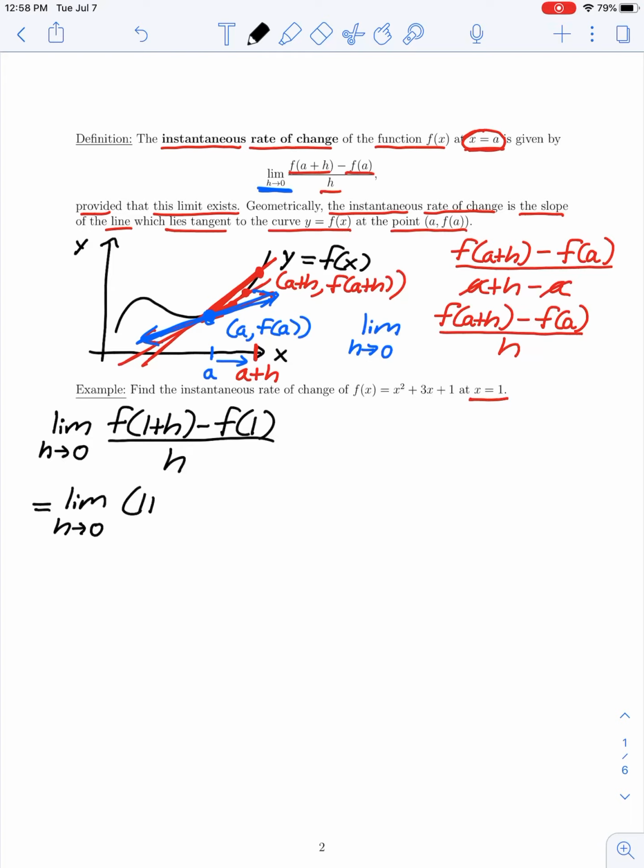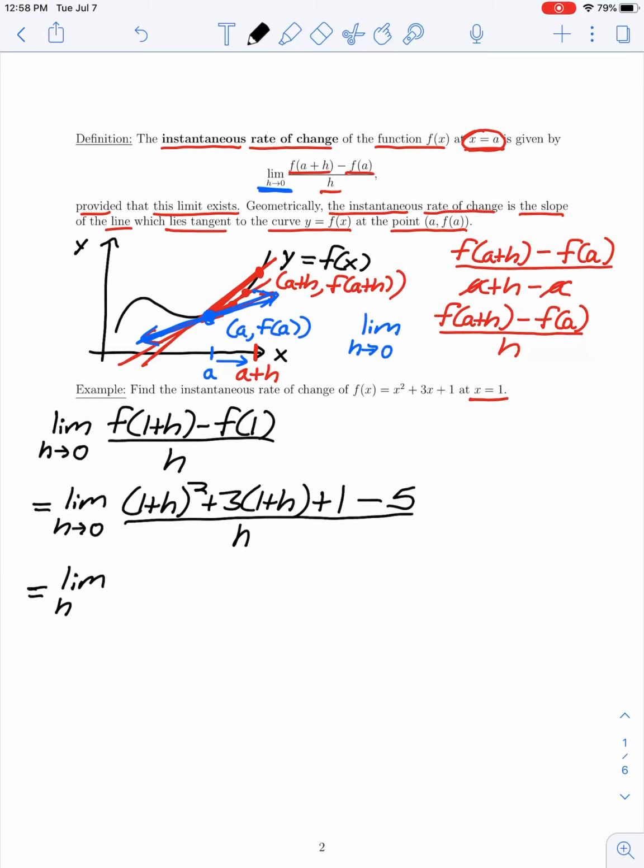So we're going to have 1 plus h squared plus 3 times 1 plus h plus 1. And then we're subtracting the value f of 1. If we evaluate our function at x equals 1, we have 5. And then we're dividing the whole thing through by h. So let's see what this gives us.